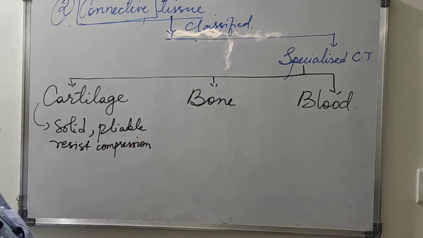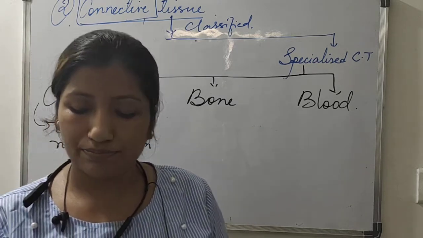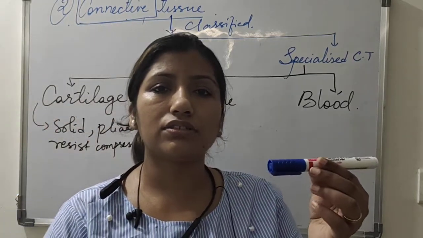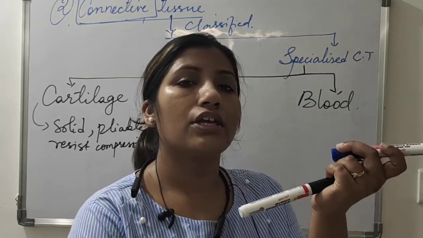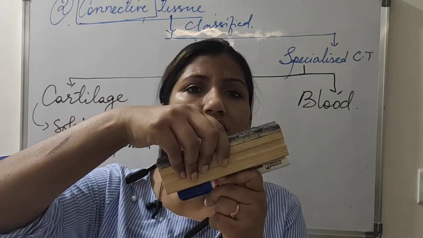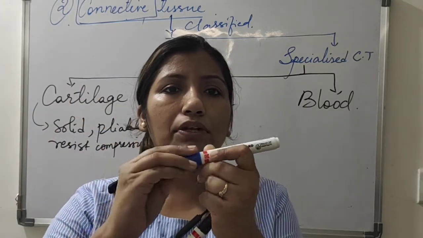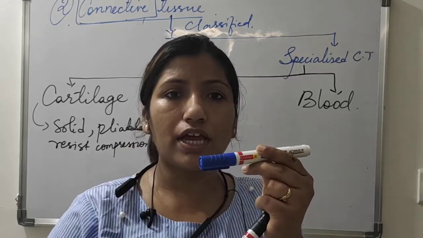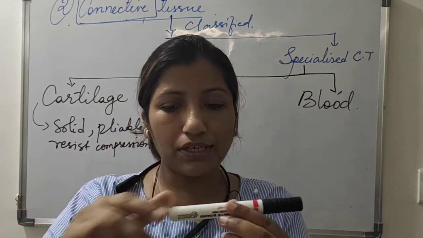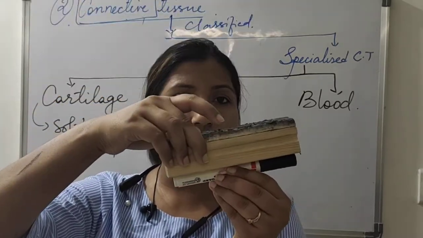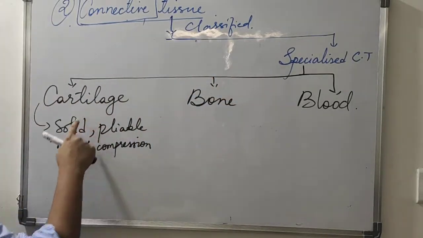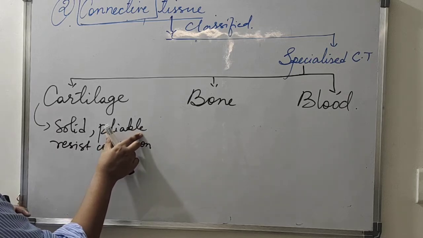Resist compression means, suppose this is a cartilage and this is a bone, and if you compress the cartilage with something very heavy, nothing will happen to it. You remove the heavy substance and it will remain as it is. Now you take a bone. If you compress this bone with some heavy substance, what will happen? The bone will crush. So cartilage resists compression and is flexible.